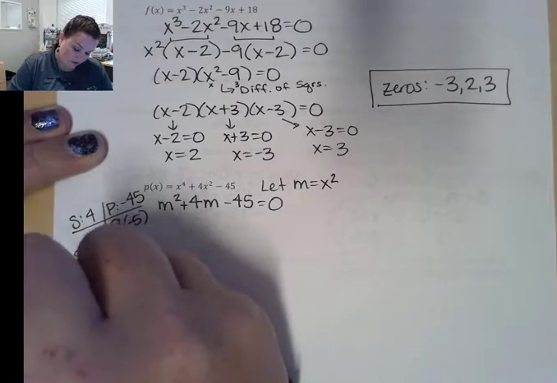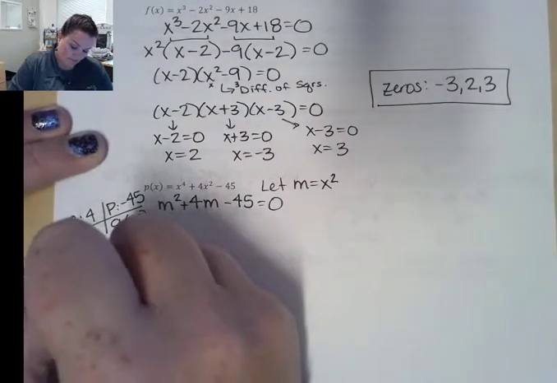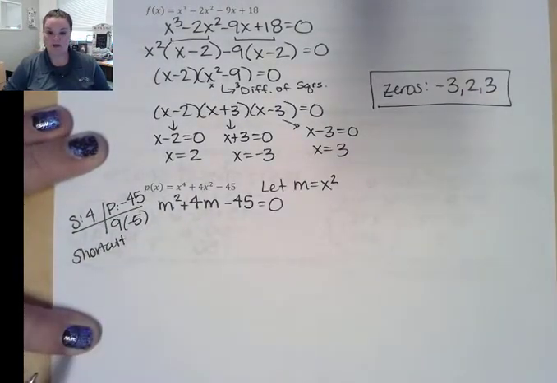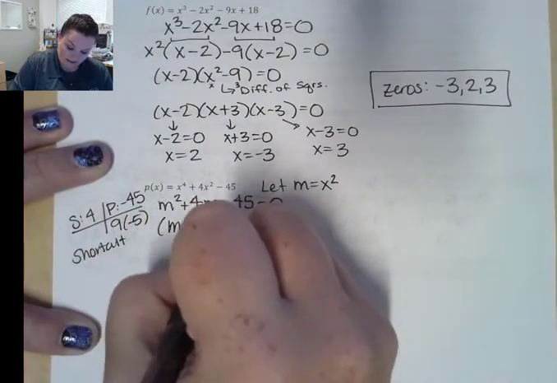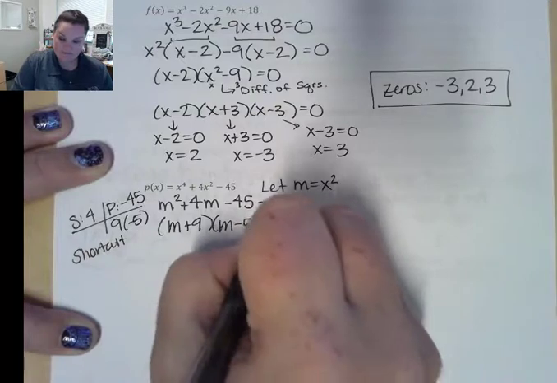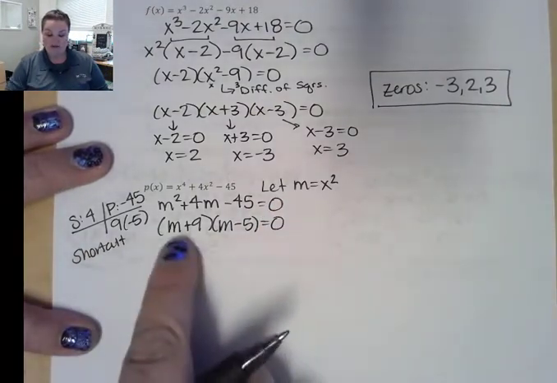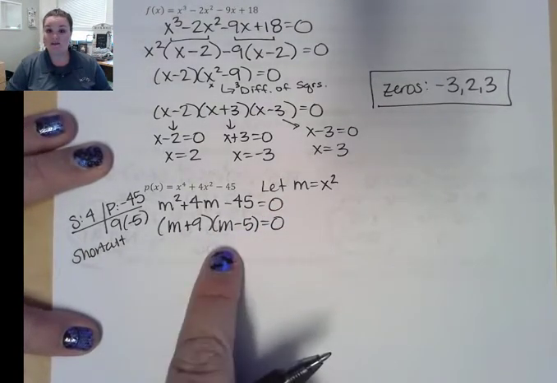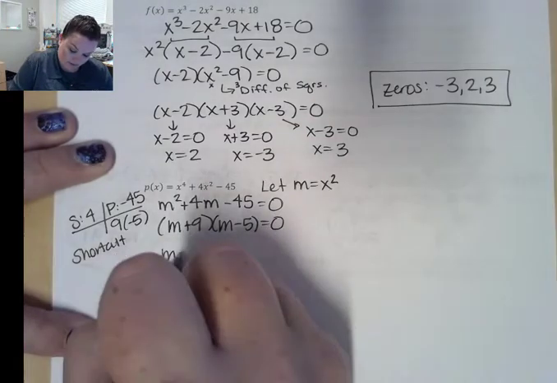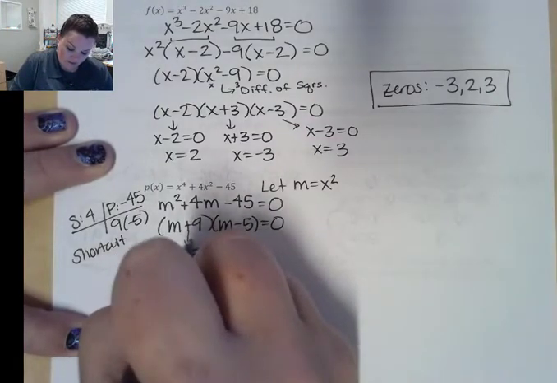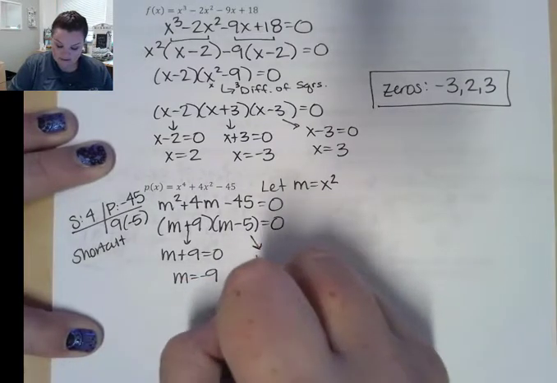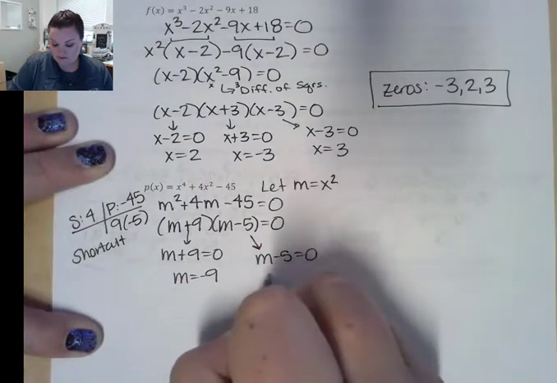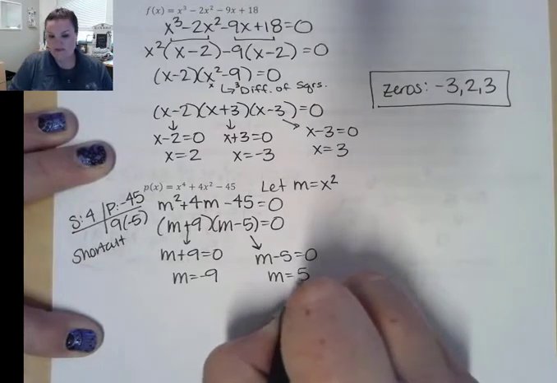And I can use my shortcut, right? Because my leading coefficient is a 1. So that tells me this is going to factor into m plus 9 times m minus 5. And then I'm going to go ahead and set each of these equal to 0 and solve. So m plus 9 equals 0, which gives me m equals -9. And on this one, m minus 5 equals 0. So that means that m equals 5.